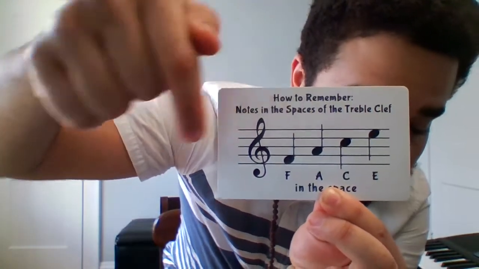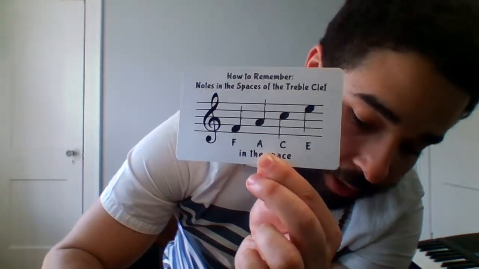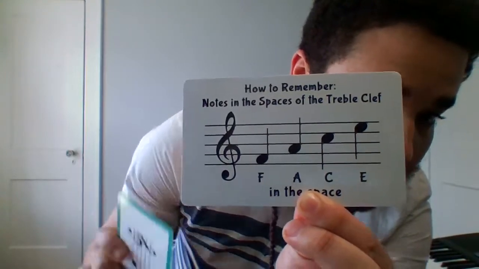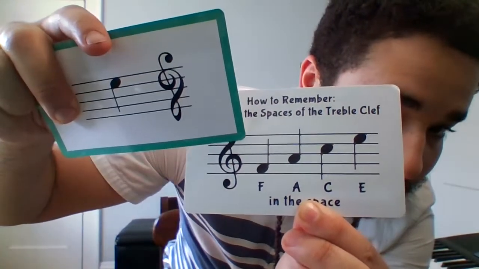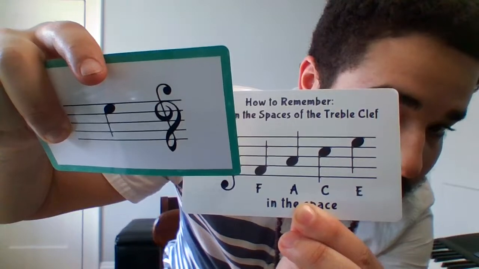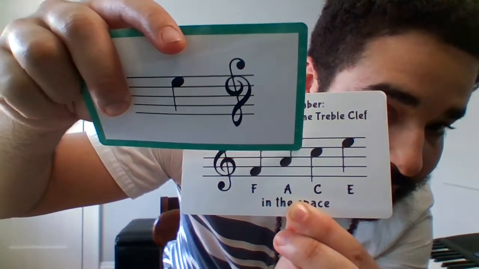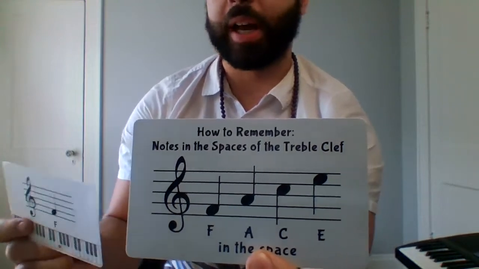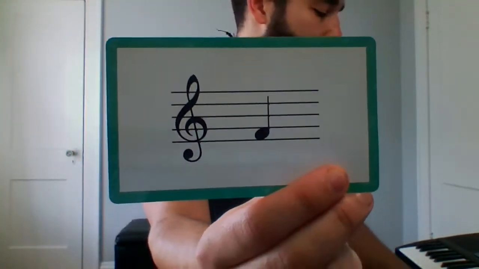Remember, this is the treble clef. Tomorrow we will be learning our bass clef. Our spaces from bottom to top spell out the word face. F-A-C-E. Okay. So here we have F. I'll play F for you as we go.